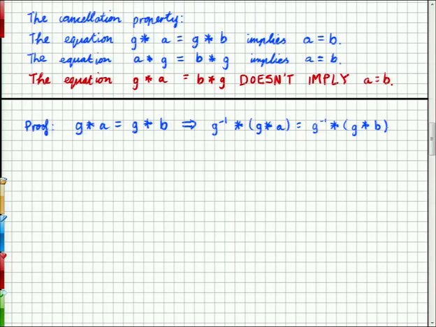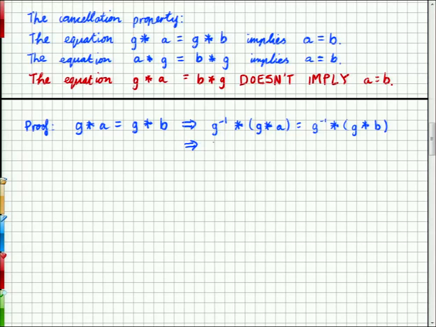In group theory, when you say you're going to multiply both sides by G inverse, you always say you're going to do it on the left, or you say you're going to do it on the right. You see, I stuck the G inverse on the left of both expressions. I could also stick it on the right of both expressions, but I can't mix and match. I can't put it on the left of one side and on the right of the other. Okay. So you have to be careful.